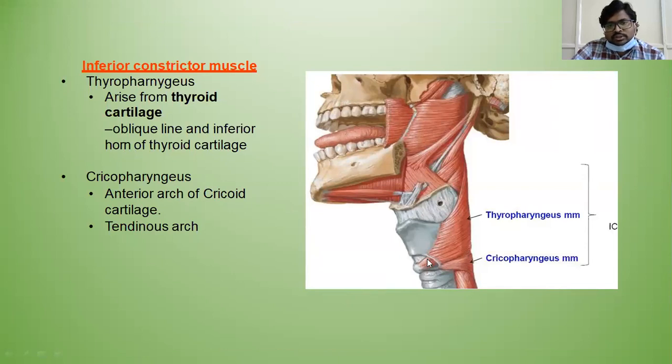This is the cricothyroid muscle. So this thyropharyngeus muscle, after arising from the oblique line and also this tendinous arch, goes posteriorly, upwards and medially, and it meets the median raphe. But this cricopharyngeal muscle communicates with the muscle from the opposite side. It doesn't insert into the median raphe.